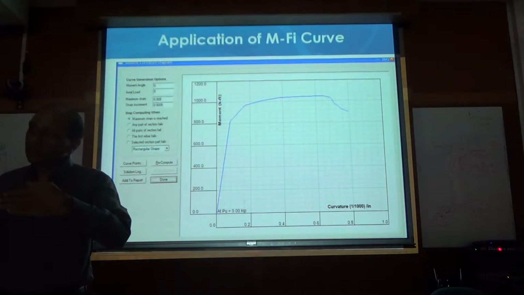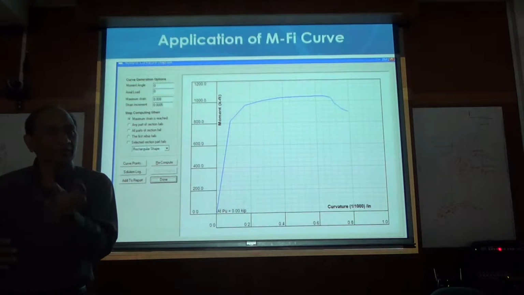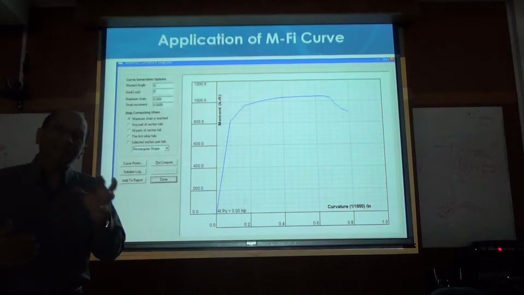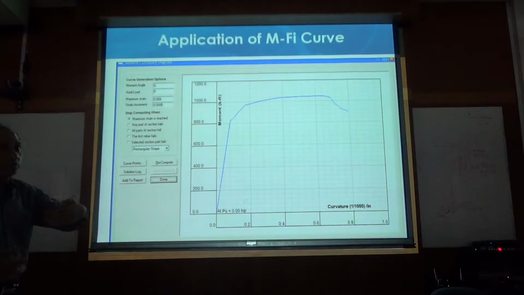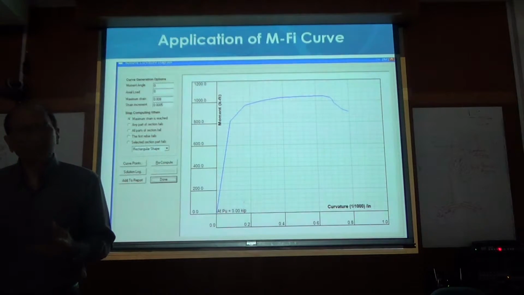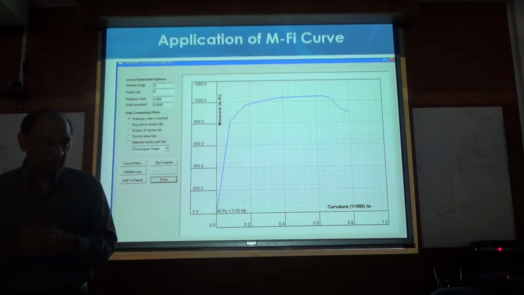If the angle is 0, that means the column is bending about the local y direction along the x-axis. If the angle is changing, then the cross-section is bending about different angles. So every time you change the angle, you will get a different moment curvature curve for a general section. For a circular section, it will always be the same, right? Just like the moment interaction surface.